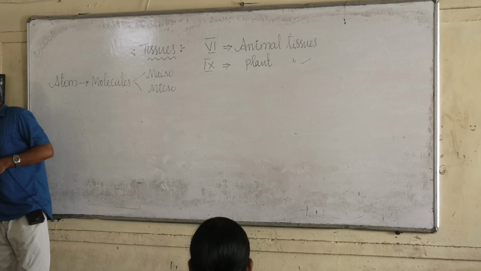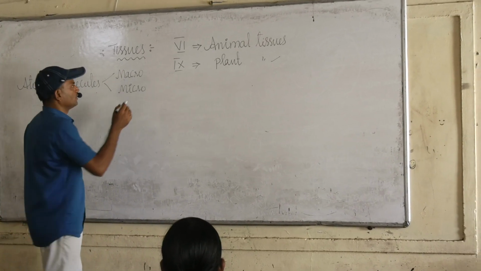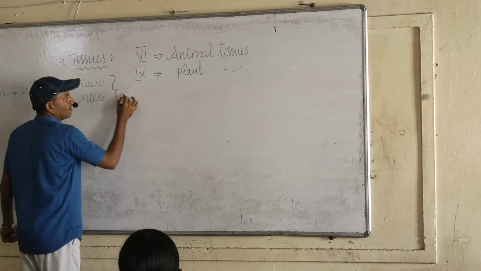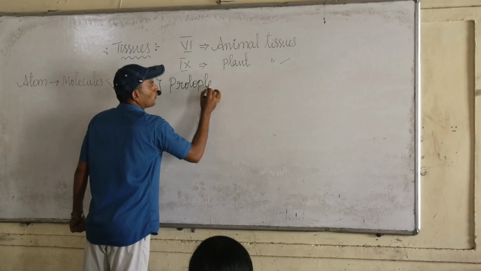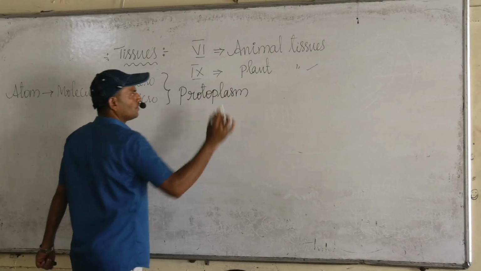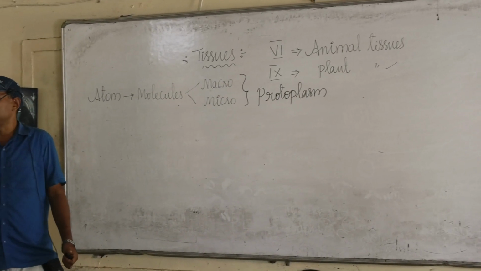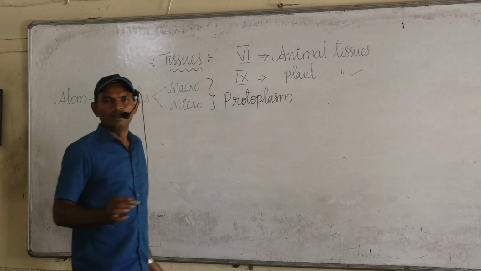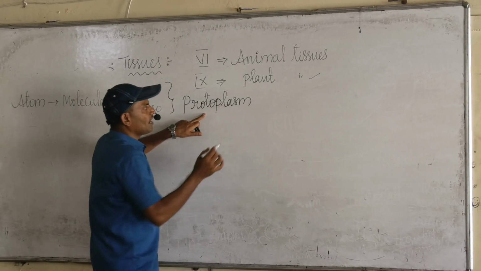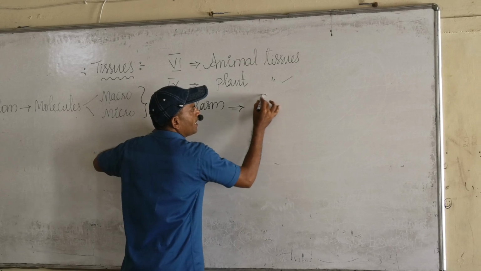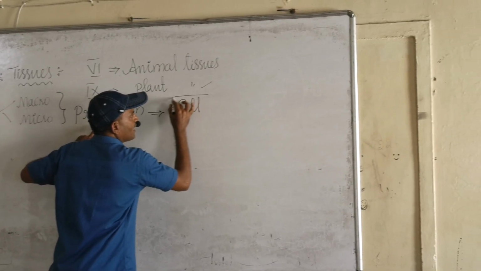Okay, so these macro and micromolecules react with each other and form the fundamental living fluid called protoplasm. What is it called? Protoplasm. So if this protoplasm is covered by a plasma membrane, we can call that particular structure what?